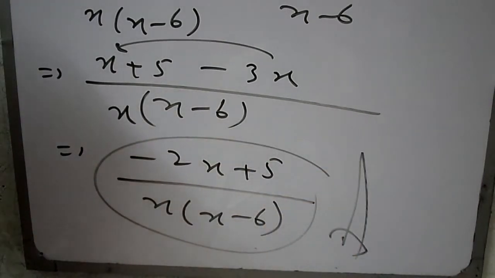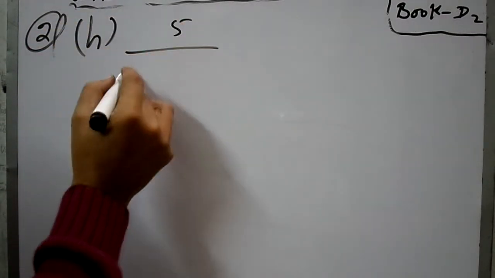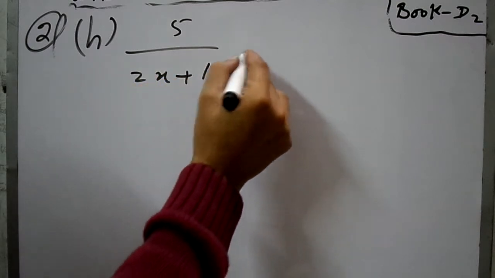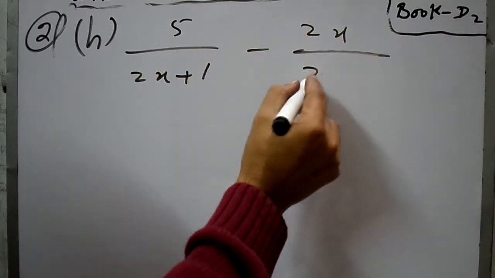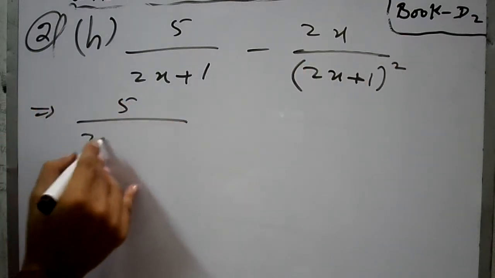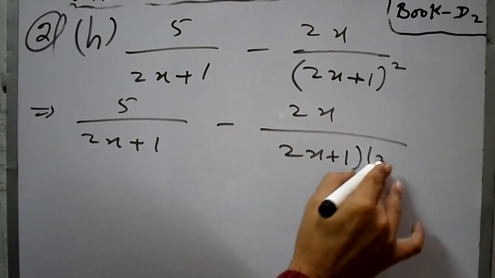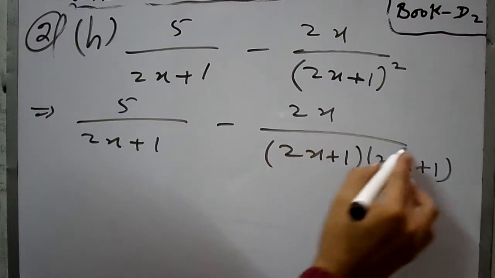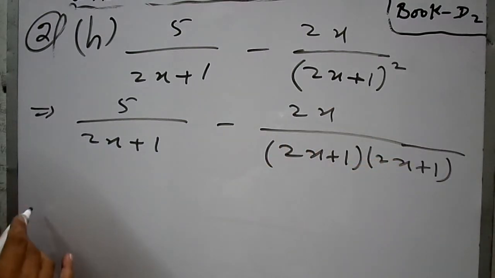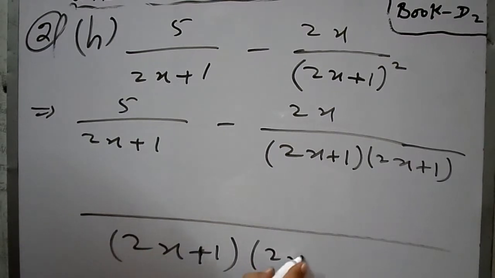Now coming to the next part, that is H part. So 5 divided by 2x plus 1 minus 2x divided by 2x plus 1 whole square. So 5 into 2x plus 1, 2x, so 2x plus 1, 2x plus 1, because you can write 2 times here. So the LCM is product of common into product of non-common.